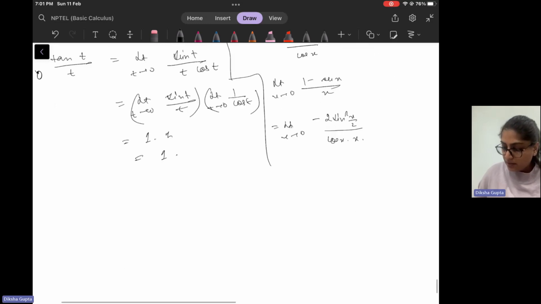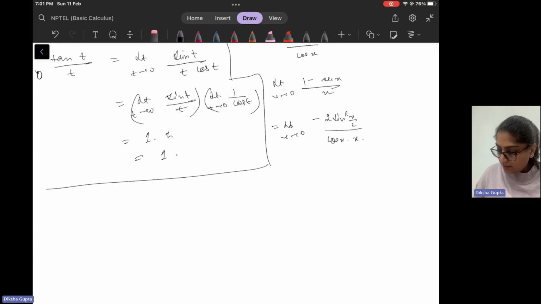Now what you can do, you can merge one x with this x. So this limit is limit x tending to 0, minus 2 sine x by 2.